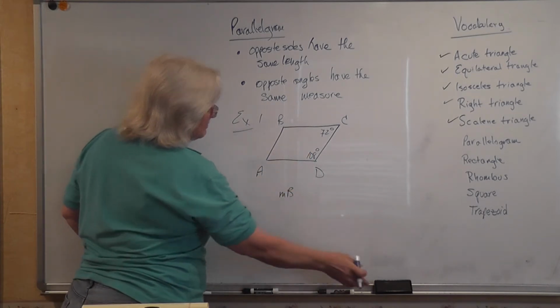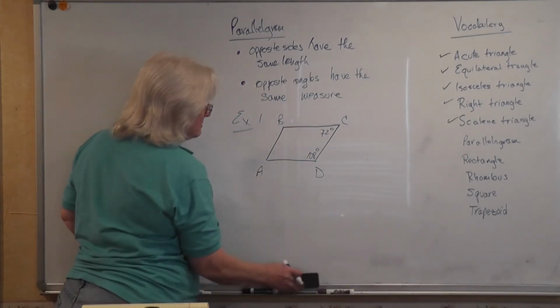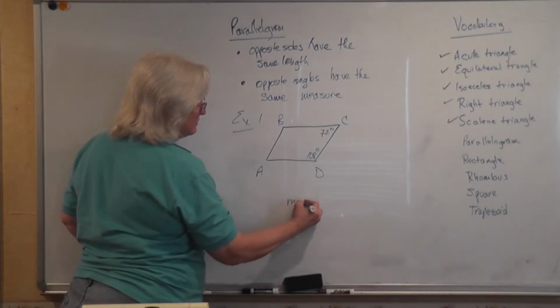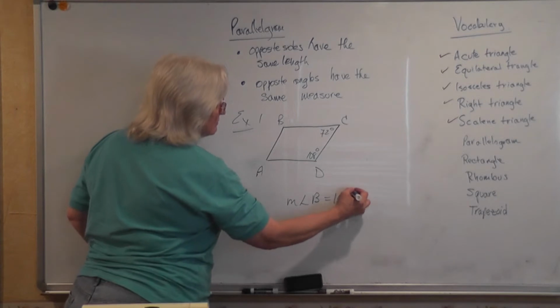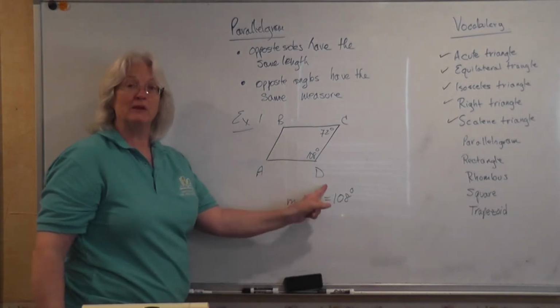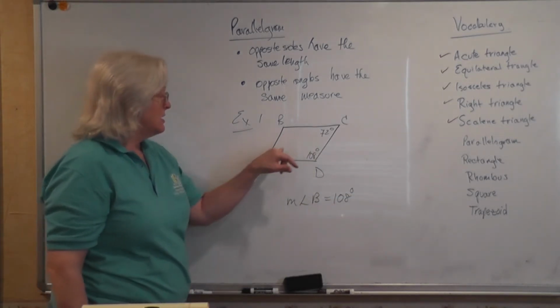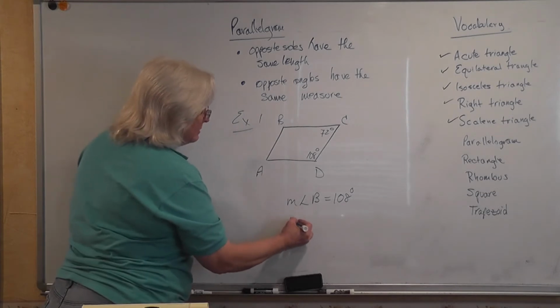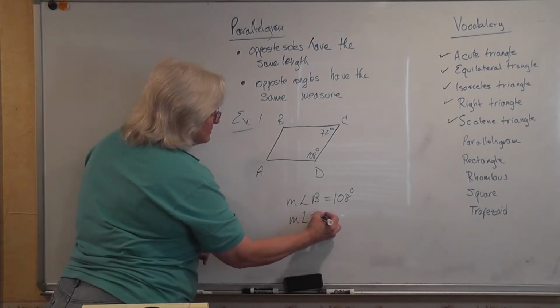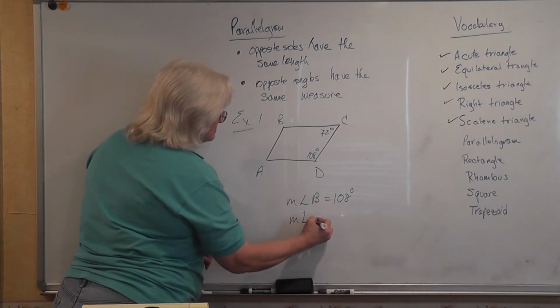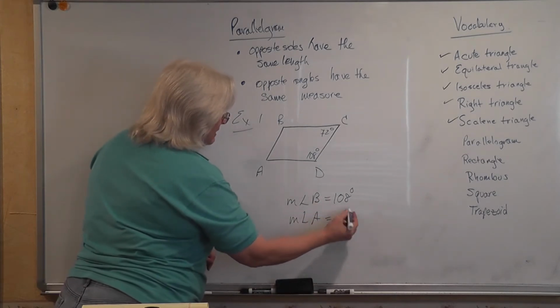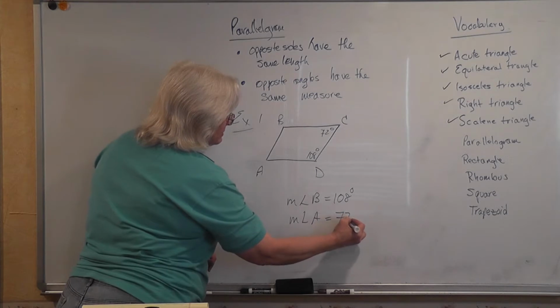So the measure of angle B is 108 degrees, because angle B is opposite angle D. And the measure of angle A is 72 degrees, because angle A is opposite angle C.